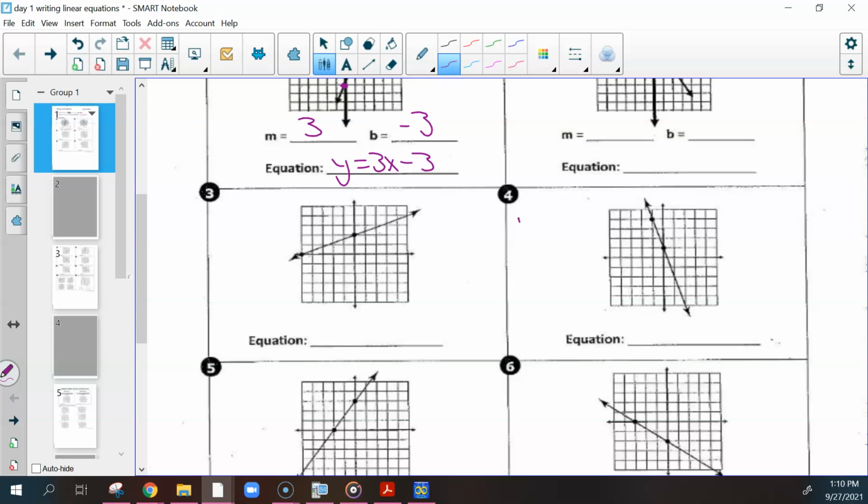So again, if it helps, off to the side you can write what M and what B are. If you would rather not do that and just write the equation, that's fine too. The y-intercept is really easy to spot. On the y-axis it's +1. For the slope here, I see this point was drawn in, but I could have also done this point. What would that slope be?